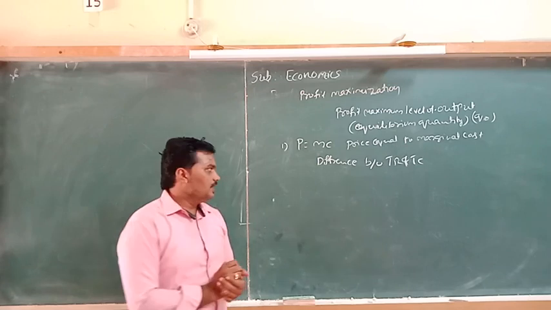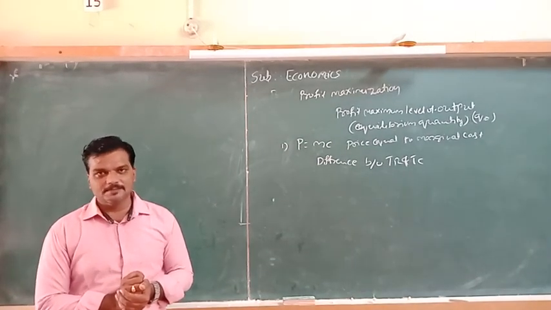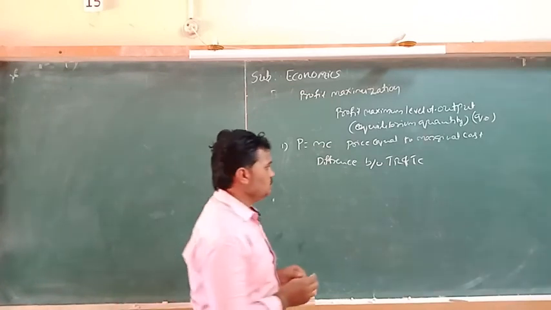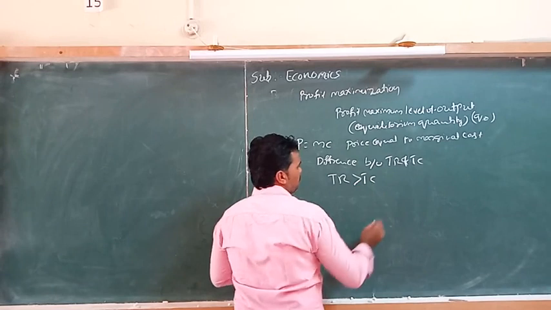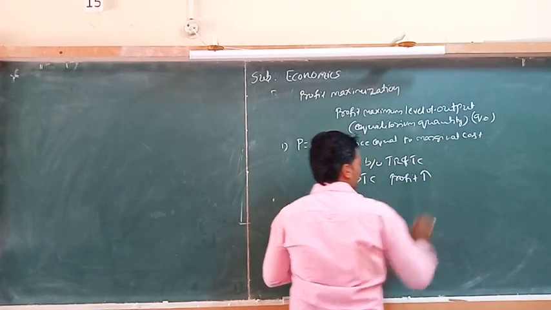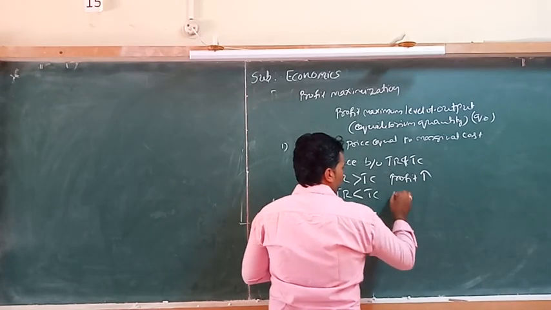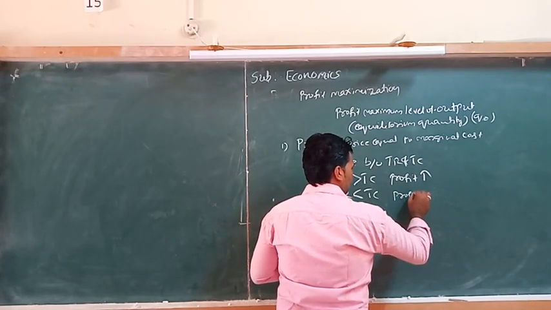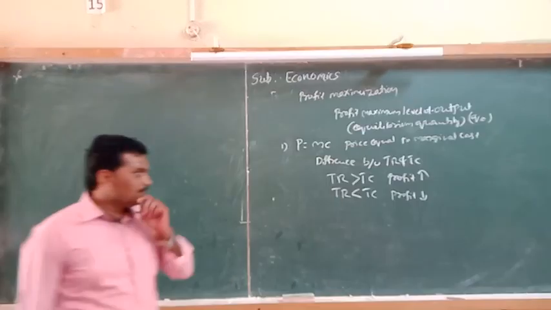Observe that as long as TR is greater than TC, the profit is increasing. As long as TR is less than TC, the profit is decreasing. Then come to marginal revenue and marginal cost.